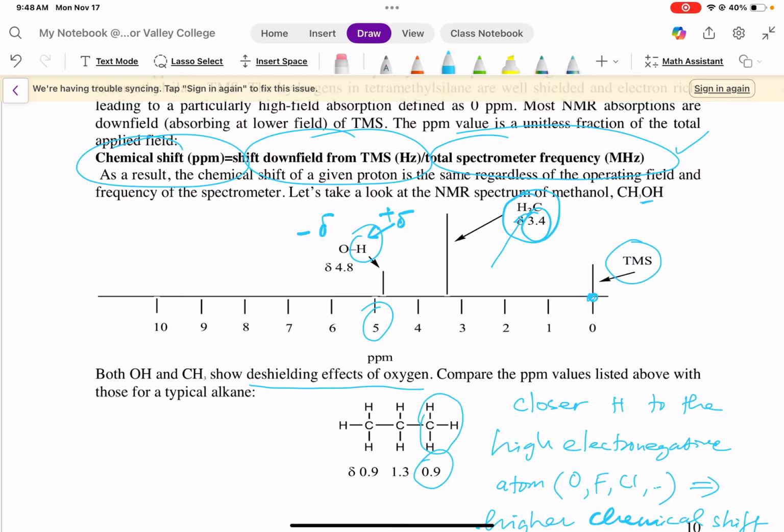There's no oxygen at all, no electronegative atoms at all, so it's really low. It's 0.9, and then inside here you've got two hydrogens, that's about 1.3, and then outside is the same, 0.9.